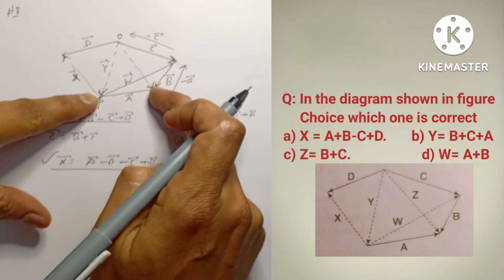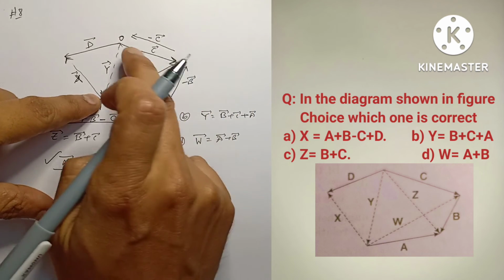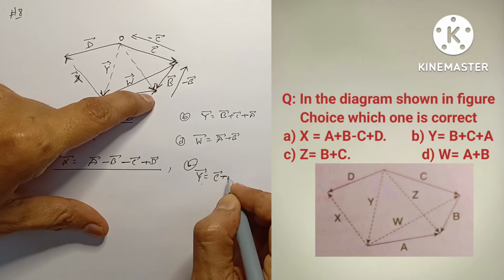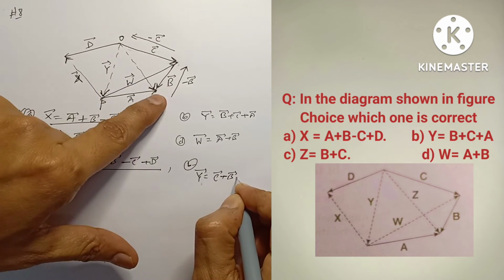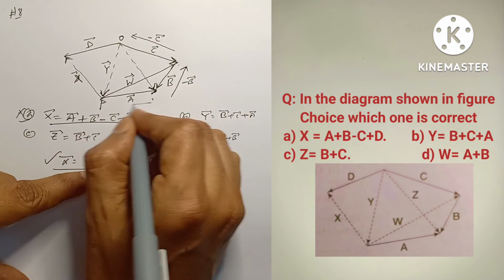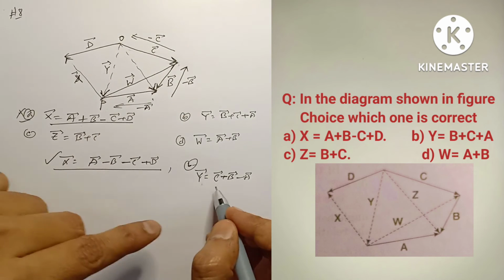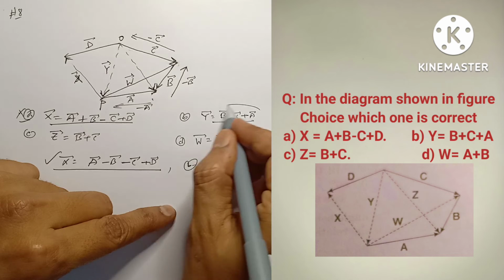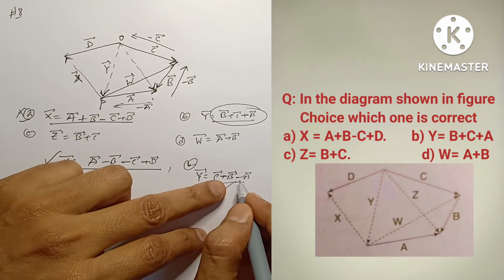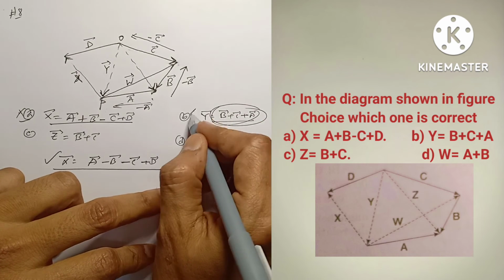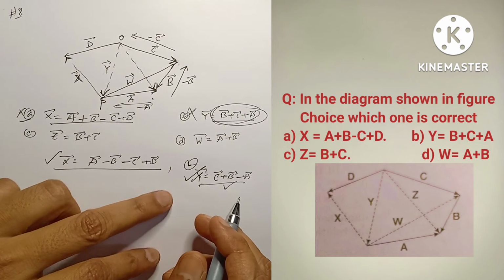Along this direction c plus b, but a vector along this direction will be minus a vector. This is the correct value of y, but they give an incorrect one. So option B is also incorrect.